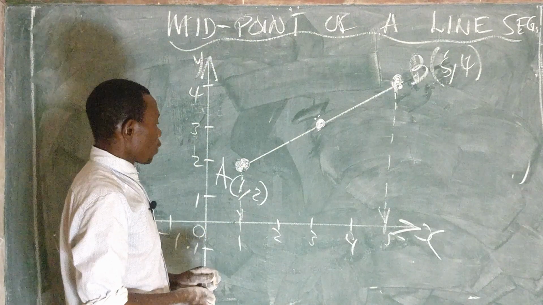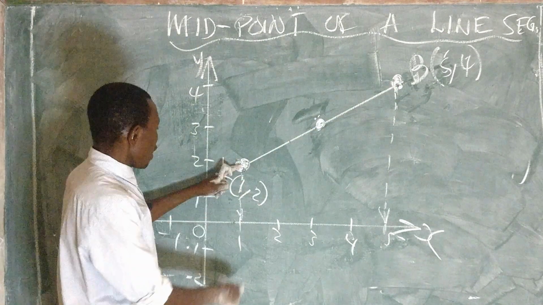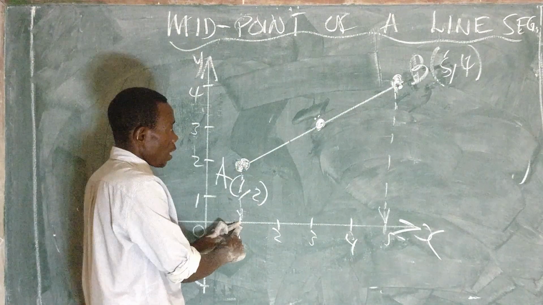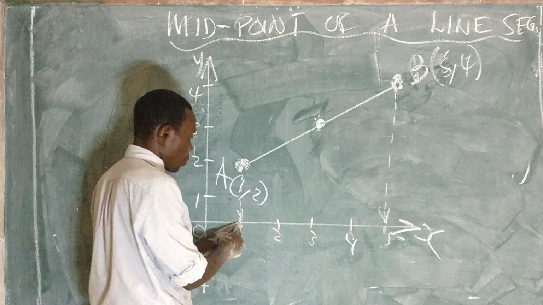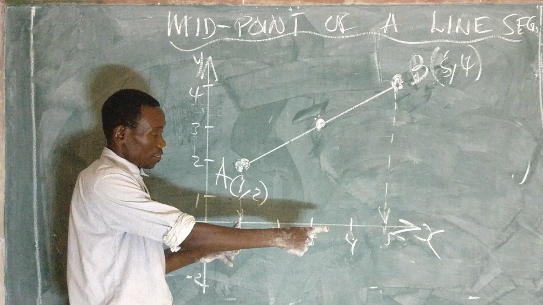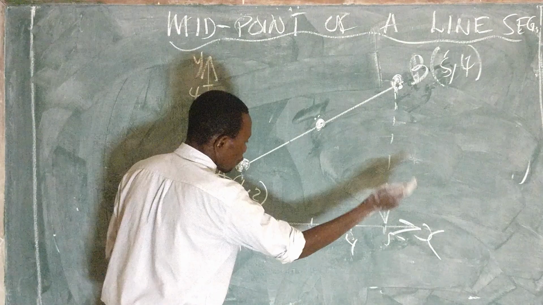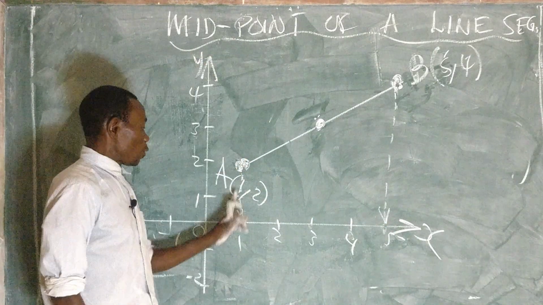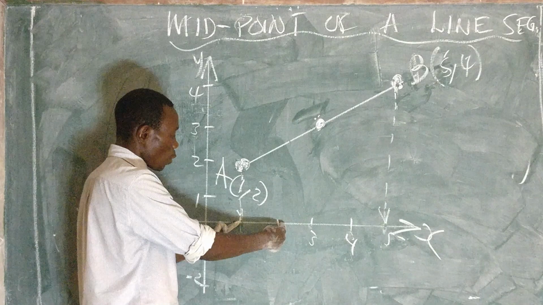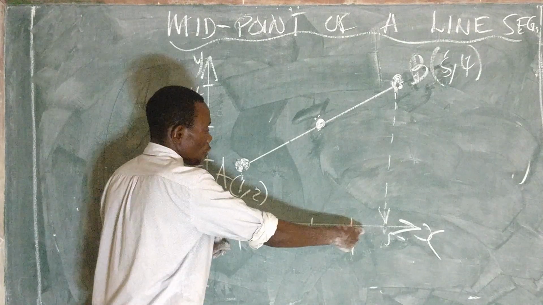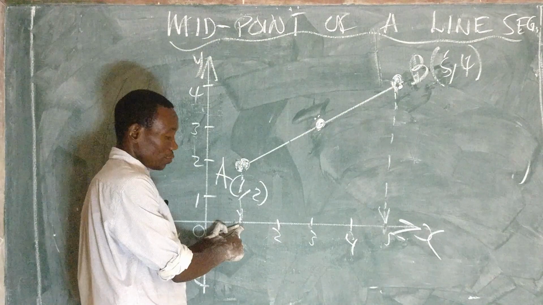So if I'm to calculate how long it is from here up to that along the x-axis, how many units do you have? You find that I've got 1, 2, 3, 4. Yes, it's 5, but here I started at 1, I have not started at 0. So the units we talk of start from 1, then 2, 3, 4. So the distance from here up to that is 4.